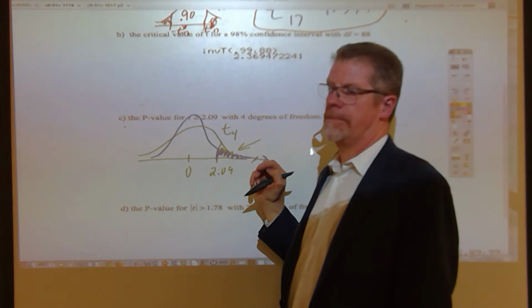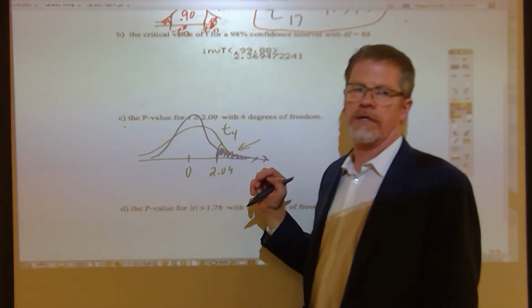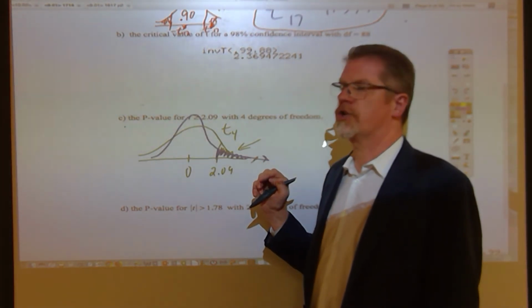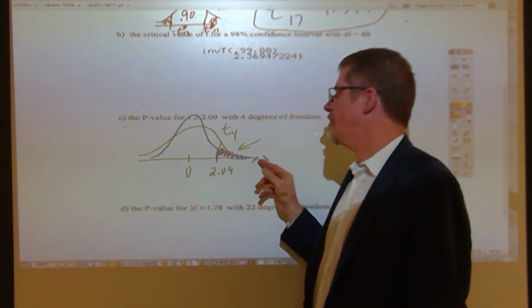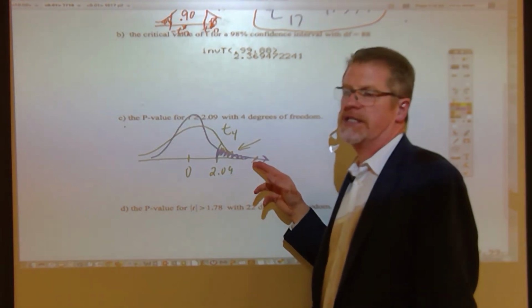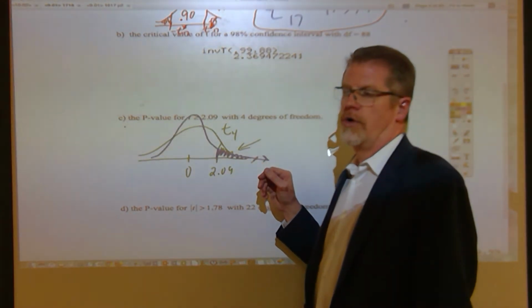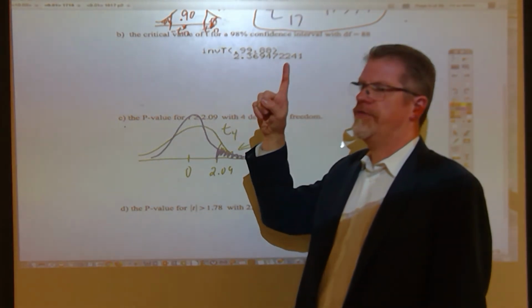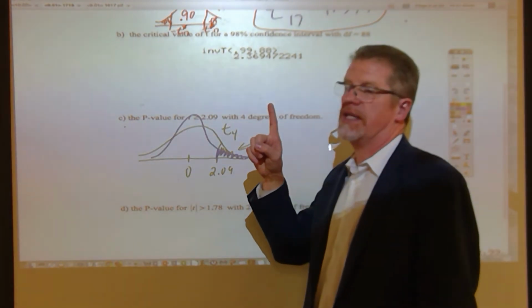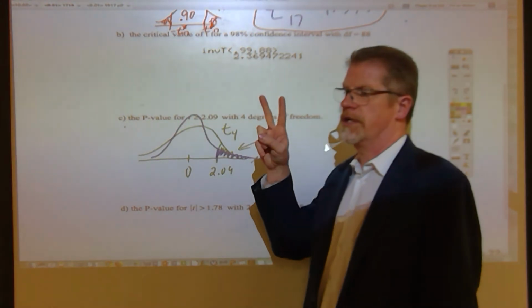Class, greater or less? If you think the blue area is greater than the green area based on this picture I drew, hold up one finger, that's 1 for greater. If you think blue is less than green, hold up 2 fingers.